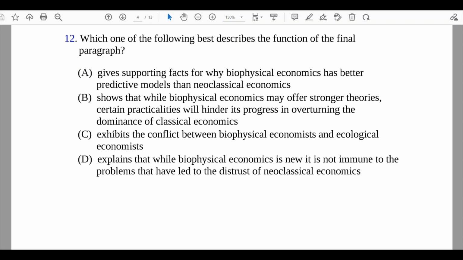Which one of the following best describes the function of the final paragraph? A option gives supporting facts for why biophysical economics has better predictive models than neoclassical economics. B option shows that while biophysical economics may offer stronger theories, certain practicalities will hinder its progress in overturning the dominance of classical economics.